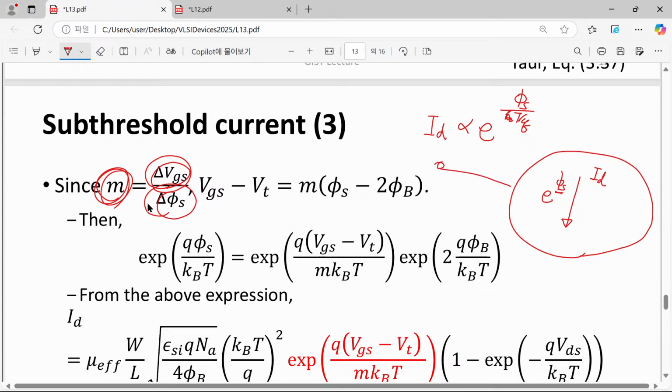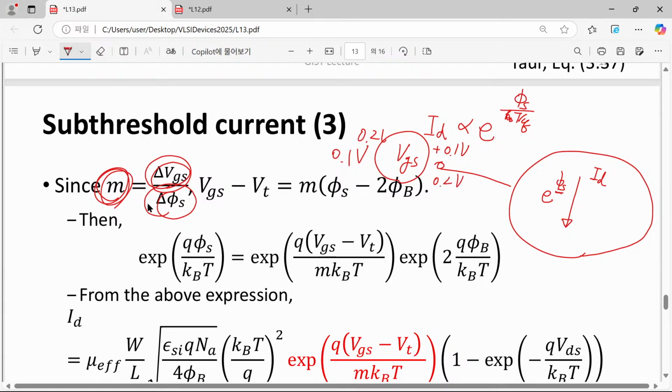You only have access to the gate voltage. So the gate voltage will be changed by your will. I will just increase it by 0.1 volt, 0.2 volt. It is reflected by the increase of your gate voltage.